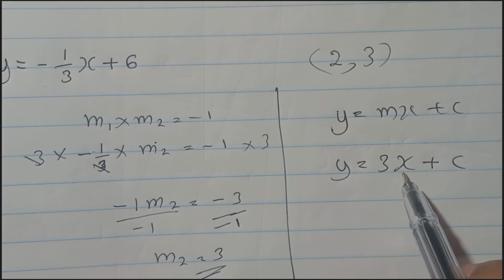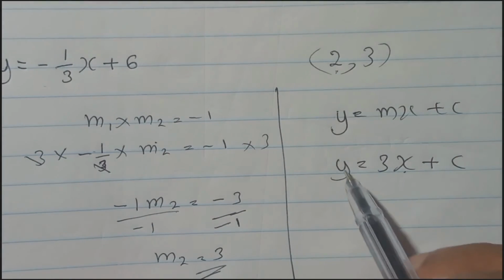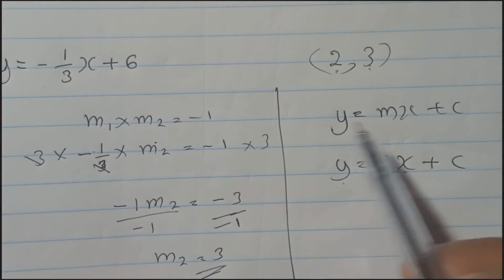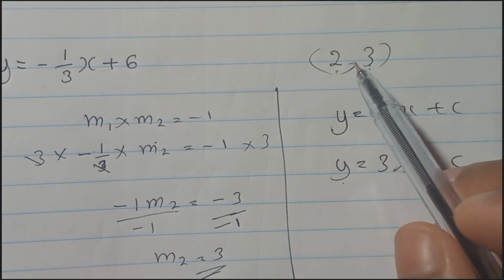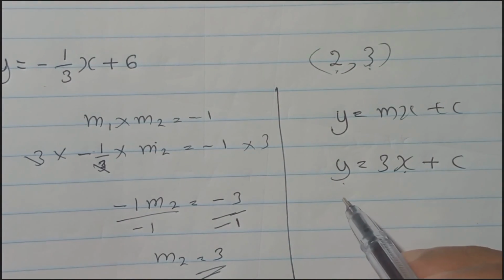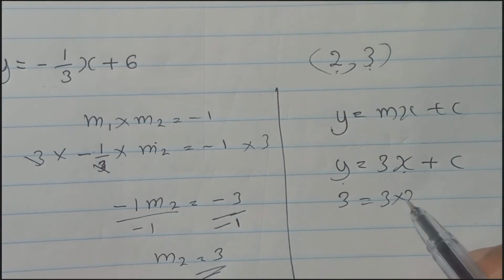So we can replace x with this x value and y with this y value, because line S passes through this point. So here y is replaced with 3 and x replaced with 2.